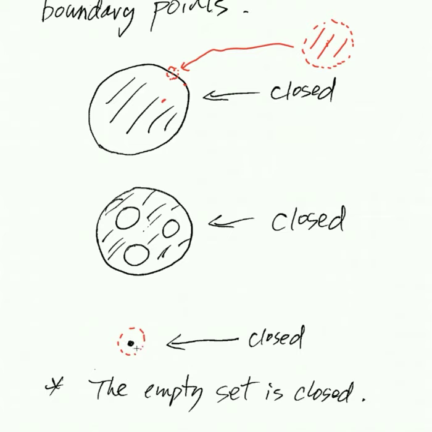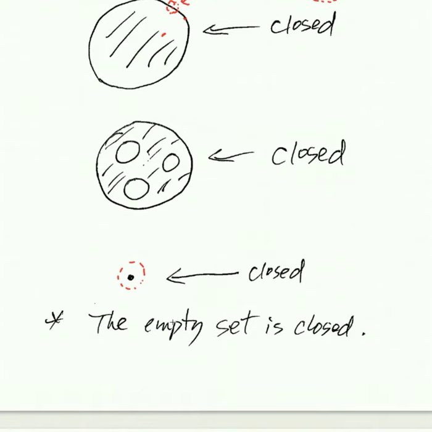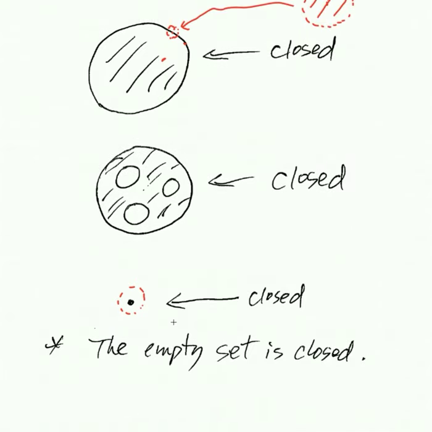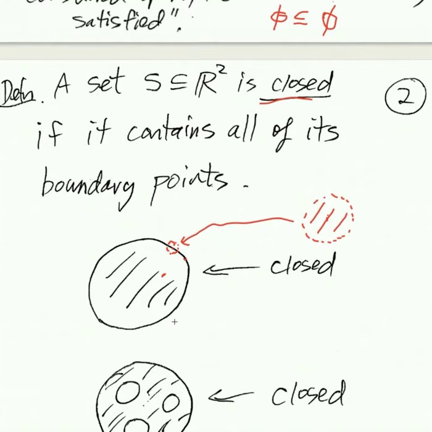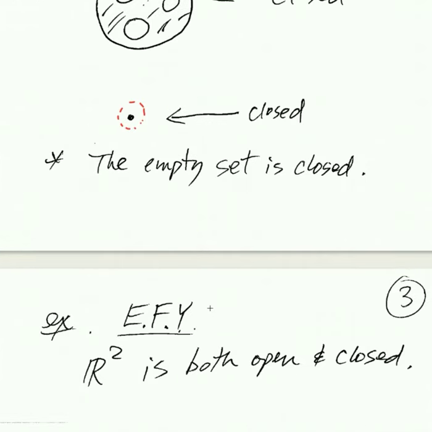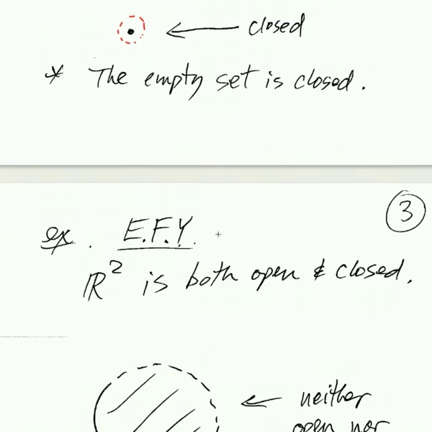So the boundary of that set is that point itself. The empty set will also be considered closed in a vacuous sense. It doesn't have any boundary points, and the empty set is considered a subset of every set. So, this is an exercise for you.